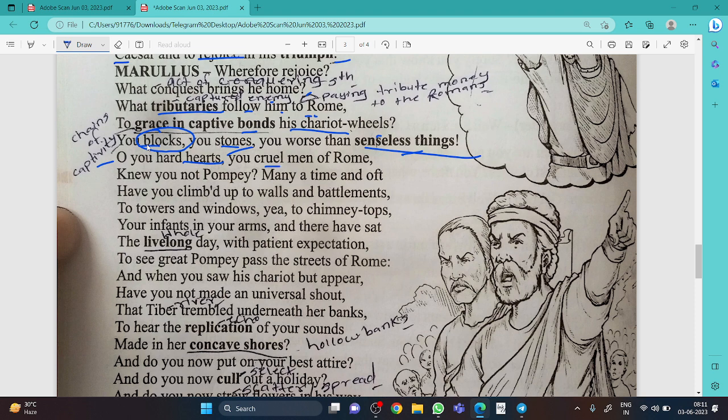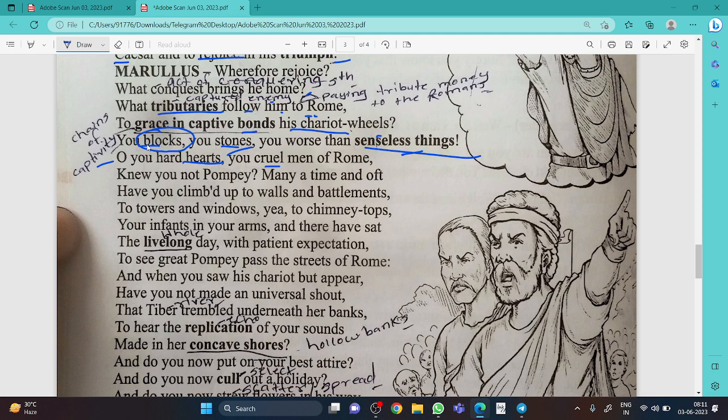Don't you understand that Caesar has not done anything at all? He has not freed any bonded person and kept him home, and he has not become victorious by, you can say, defeating anyone. Actually, these people, Marullus, Flavius, and other conspirators, did not want to know about the influence and growing victory of Julius Caesar.